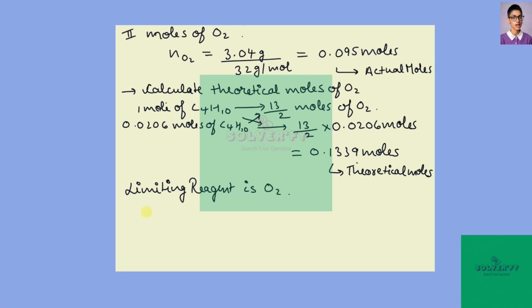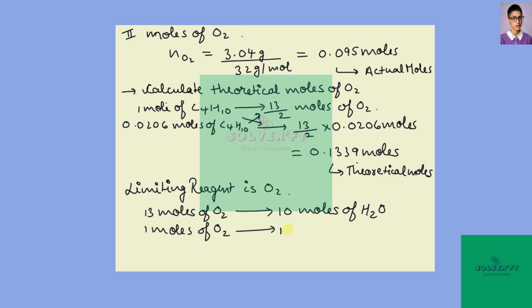From the equation we can see that 13 moles of oxygen will produce 10 moles of water. So 1 mole of oxygen will produce 10 by 13 moles of water. Here we have the actual moles, which is 0.095 moles of oxygen.